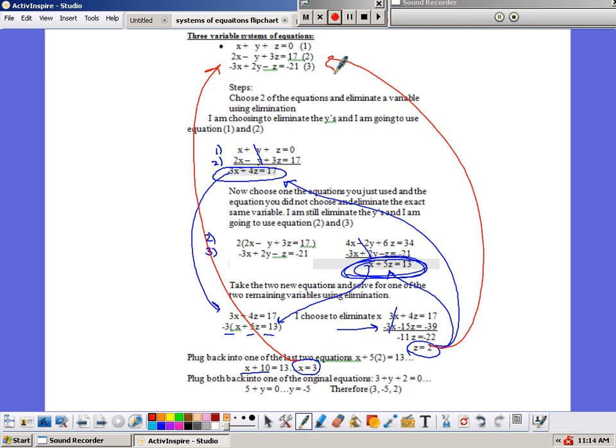I know that's a lot of lines. I picked the first one. So 3 plus y plus 2 equals 0. So that got to 5 plus y equals 0. So y must be negative 5. Therefore, my answer is x, y, and z in order 3, negative 5, 2.